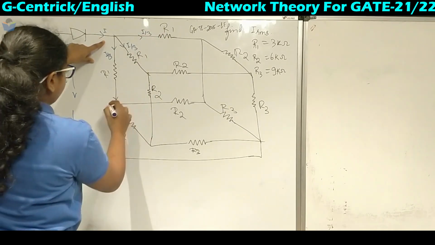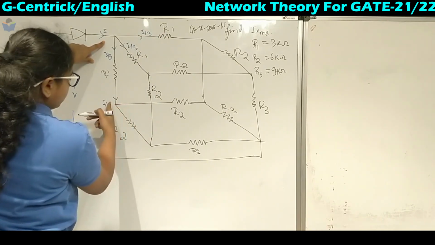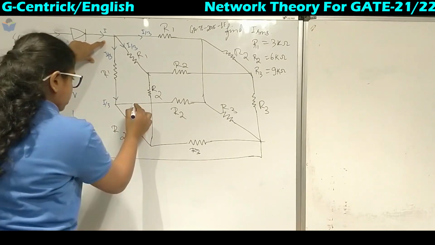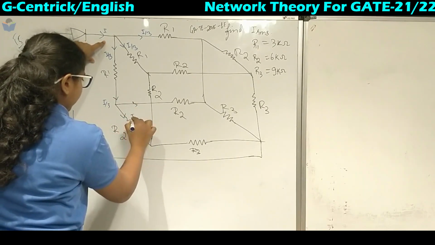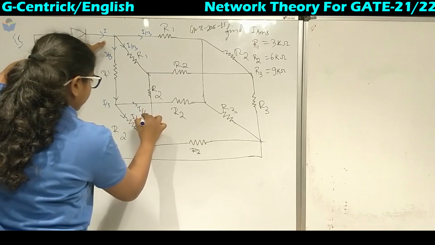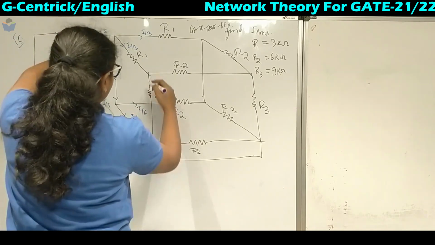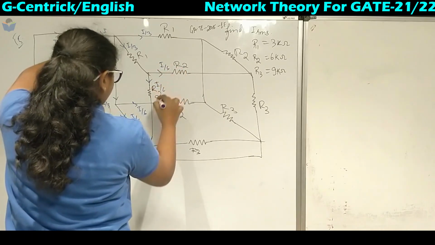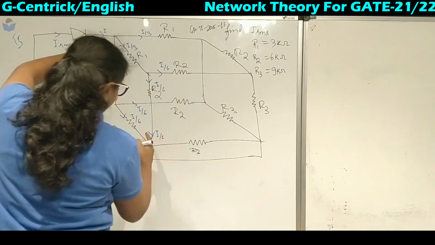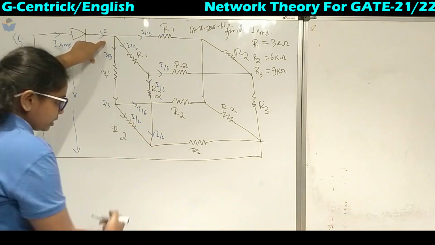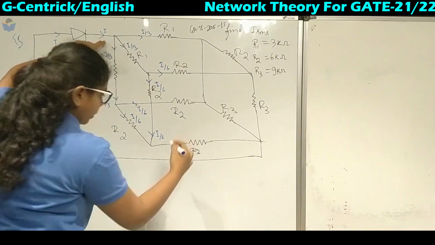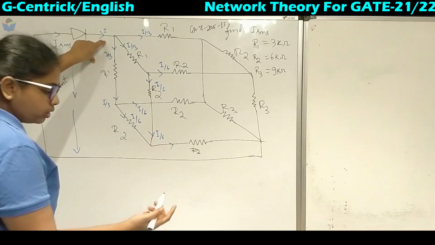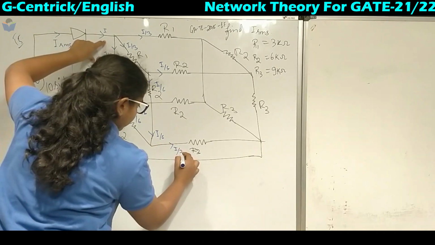Further when it comes here, it is also I by 3. We have R2 in this branch and R2 in this branch, so it will be I by 6. Here also we get I by 6 and I by 6. Now this I by 6 and I by 6 again flow in this branch, so it is nothing but 2I by 6, which is again I by 3.